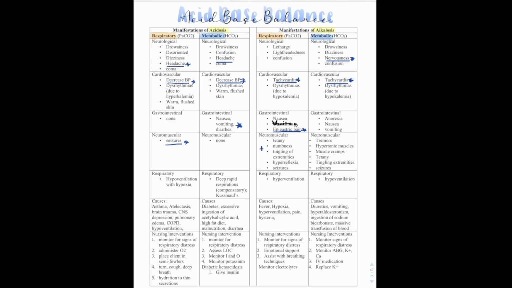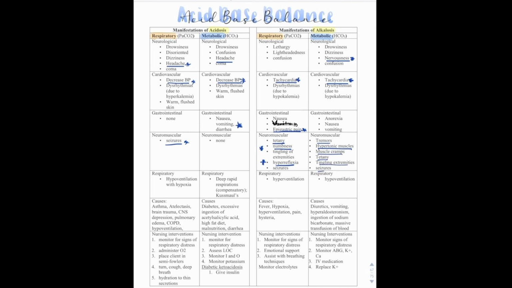So we need to remember all of these: tetany, numbness and tingling, hyperreflexia. This one is key for respiratory alkalosis specifically. We don't see that for any of the other ones. And again, if we come over to metabolic alkalosis, we have tremors, hypertonic muscles, muscle cramps, tetany, tingling, and seizures.